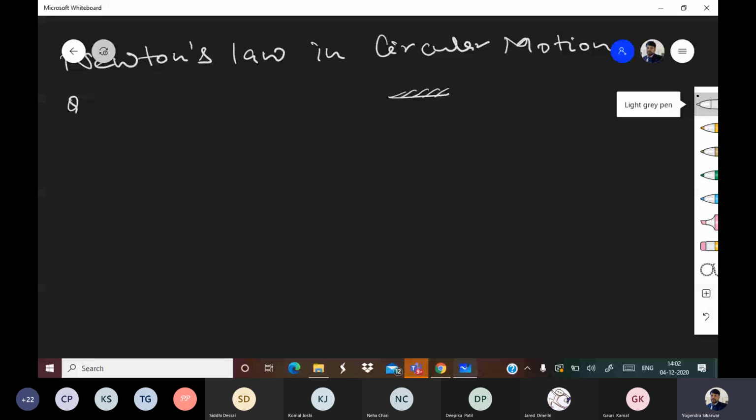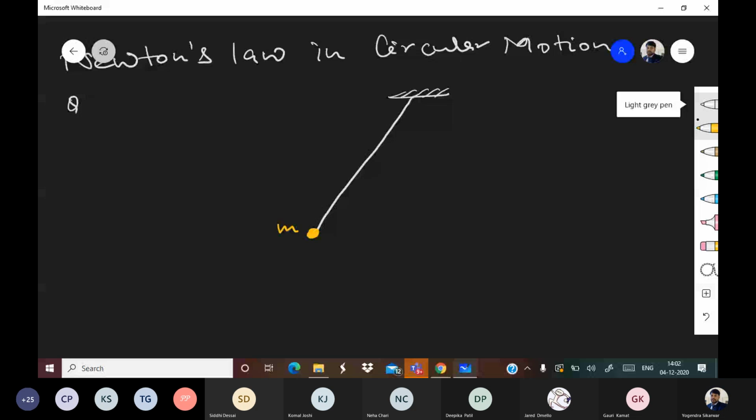So there is an object which is tied to a string. This is the object, of mass m, tied to a string. Now this object is moving in a horizontal circular path, as you can see.